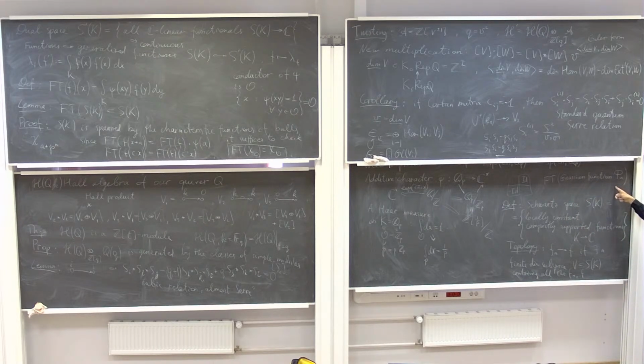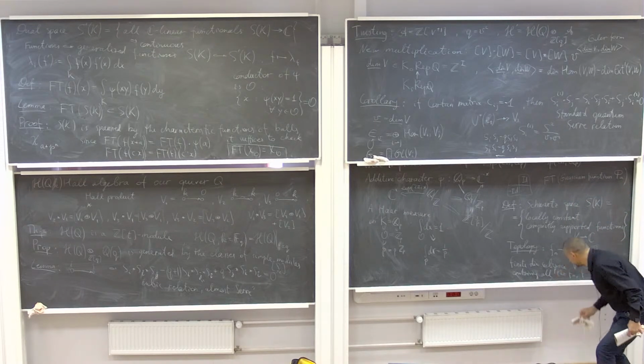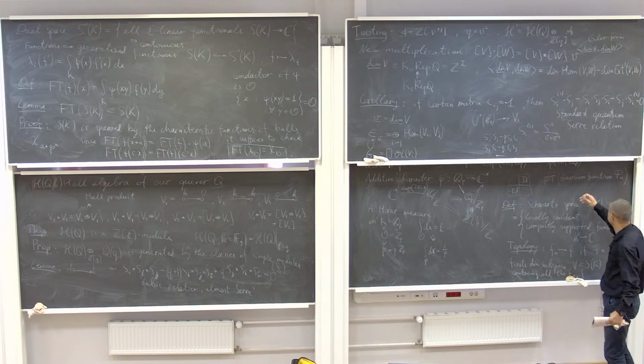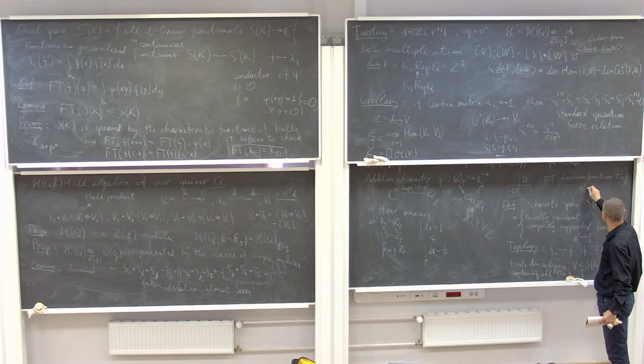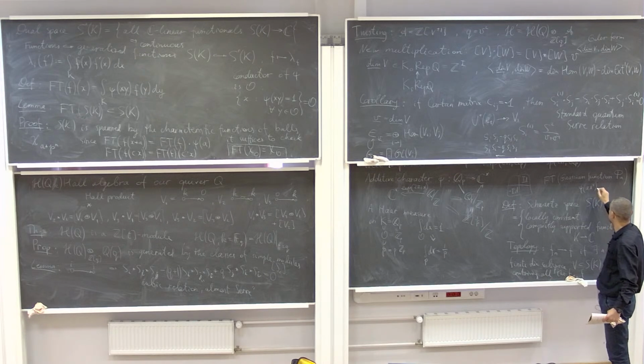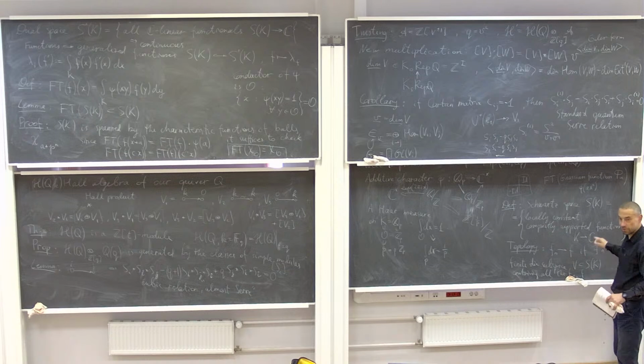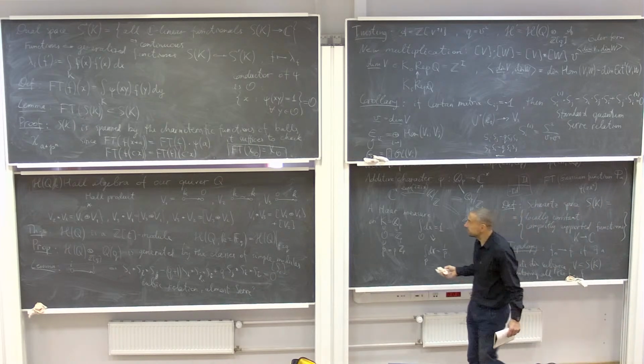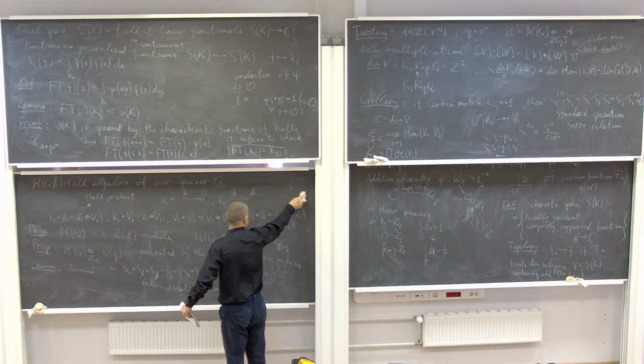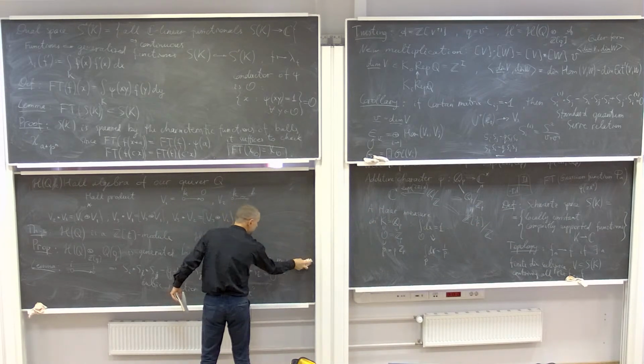But the Gaussian function is not in the Schwartz space. It is like psi of ax squared, and it never vanishes, so it's not in the Schwartz space. So we have to deal with this minor problem somehow.